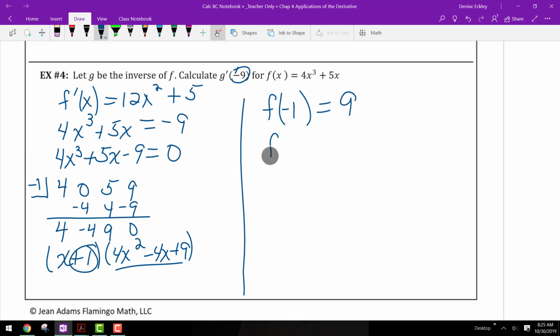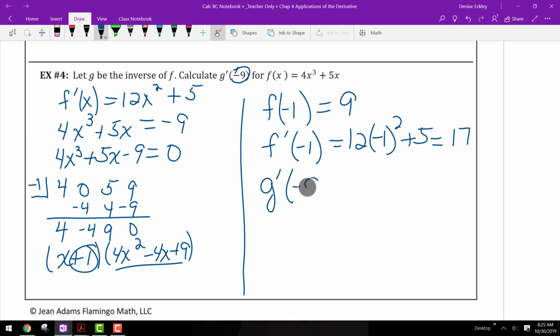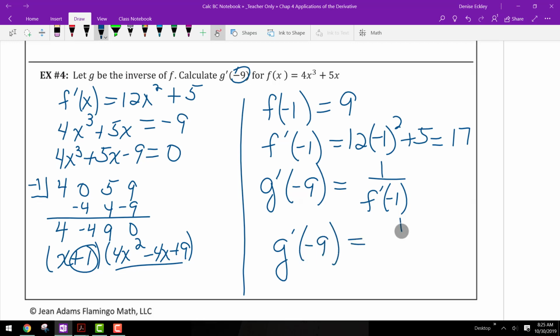So f prime of -1 is going to be 12 times -1 squared plus 5, so I get 17. That means g prime of -9 is going to be 1 over f prime of -1. So g prime of -9 is going to equal 1 over 17.